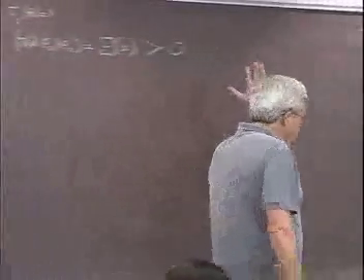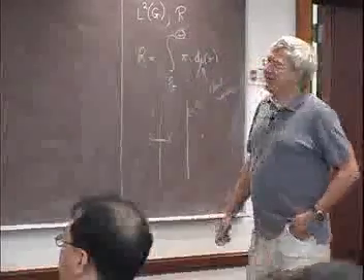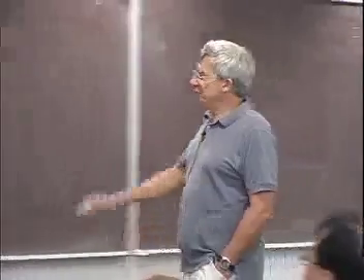So from this you can see that this is real, and then you can even write down a formula, and you see that this is actually positive. So this is the first remark.